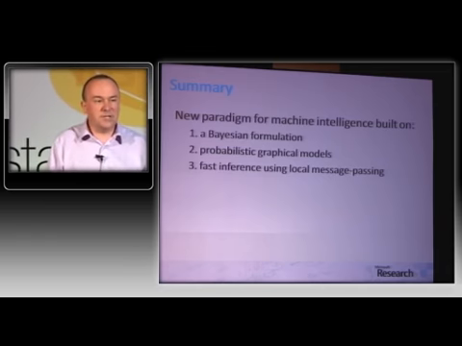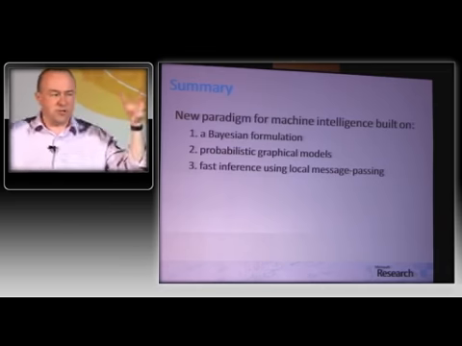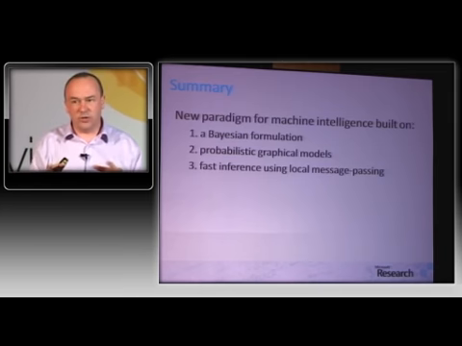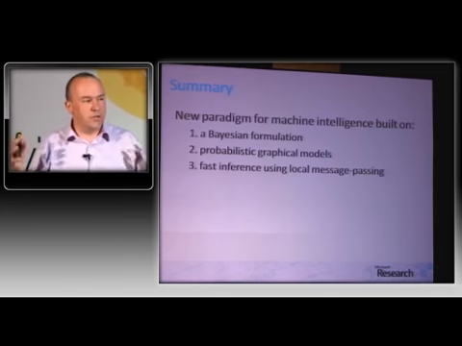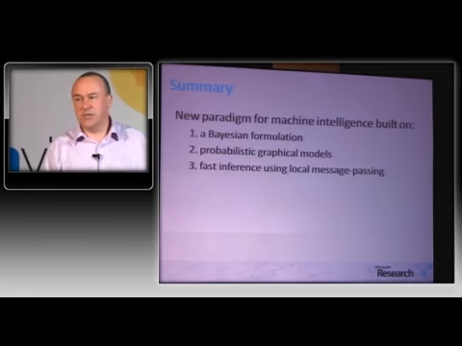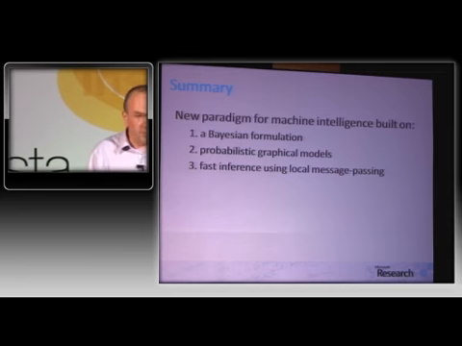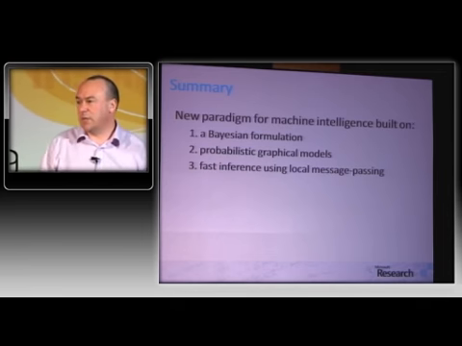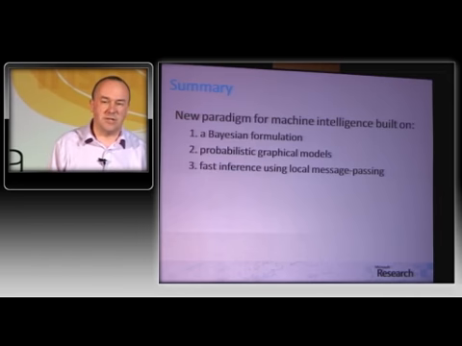It uses probabilistic graphical models, that is, graphs which describe the relationships between the variables in our model, and it's the structure of that graph which captures rich background domain knowledge. And then finally, over the last few years, we've seen the emergence of some very fast deterministic inference algorithms which allow us to do approximate but effective inference on these graphs using local message passing in a way that scales to extremely large data sets. And we now have applications that involve literally several billion data points, online applications.